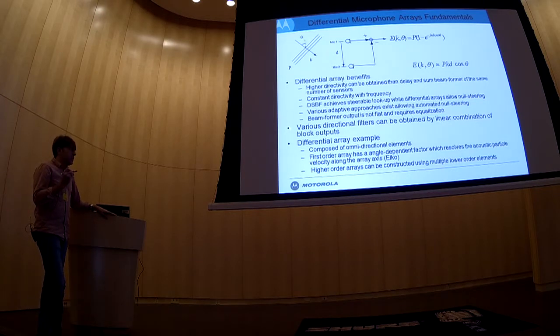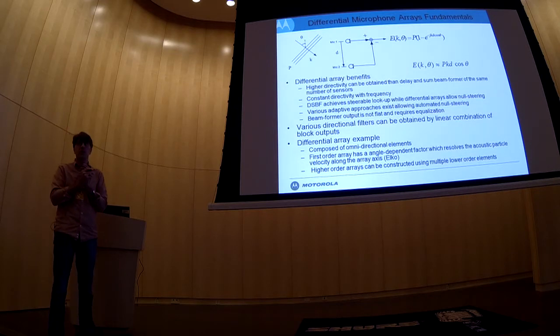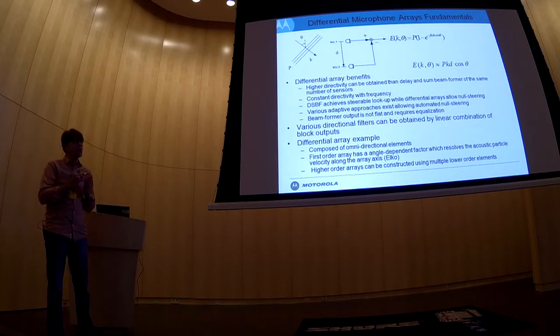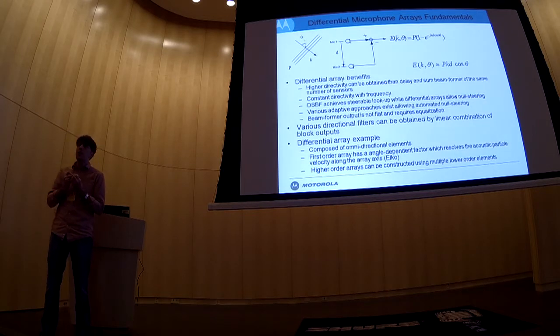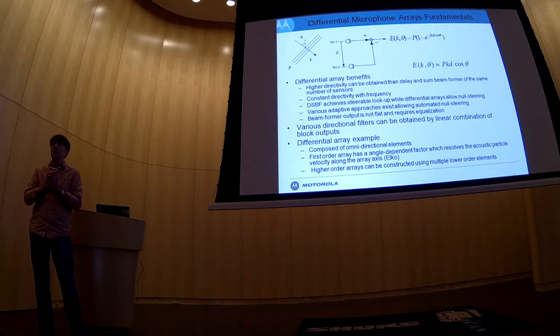That bullet was intentionally promoted just to illustrate the fact that if we had a few of these producing signals having some fundamental property in terms of directivity, a linear combination of a few of these will allow us to steer nulls and to get signals of various desirable directional properties.